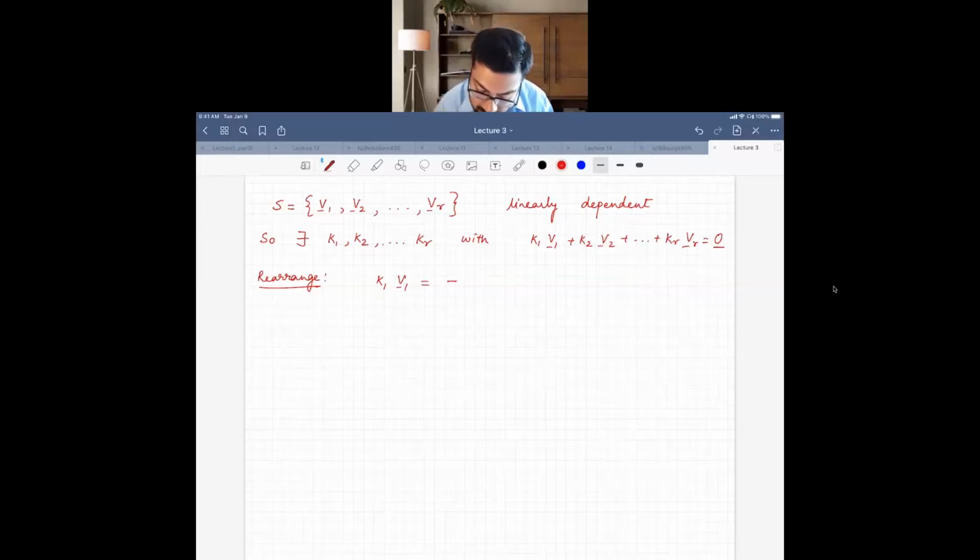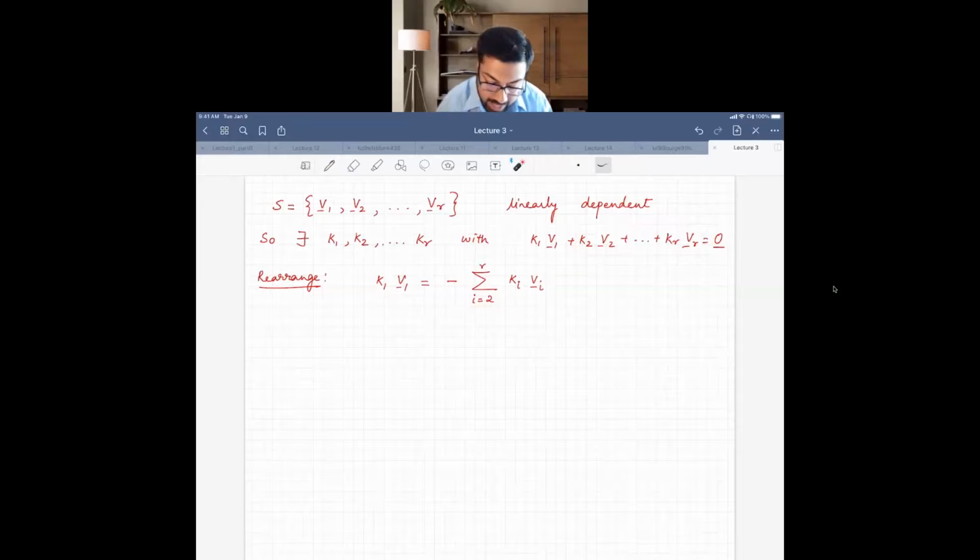So what you can say is this can be, I will use i going from 2 to r, negative k sub i and v sub i. Can I say that? So I've essentially put all of these to the right hand side here, and I've written it as a summation.